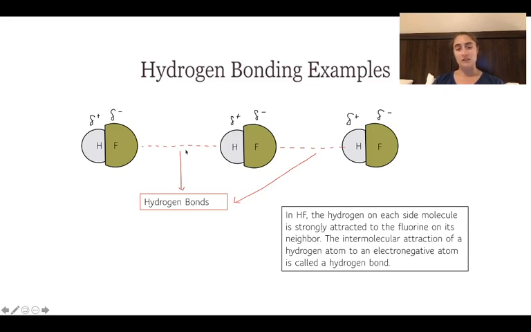Wherever that slightly negative side is, it's going to bond together with the slightly positive side. This is a very strong attraction. The hydrogen bond is the strongest attraction that we're talking about in intermolecular forces. And you can see that continuing to go together.